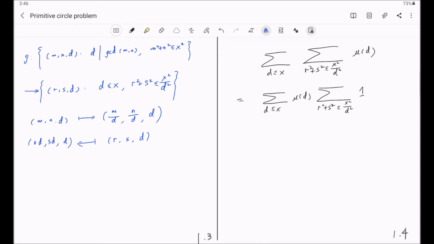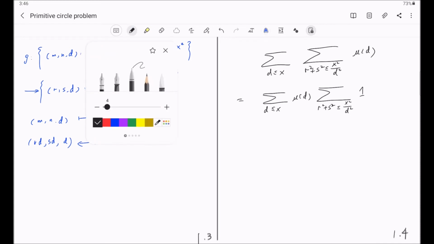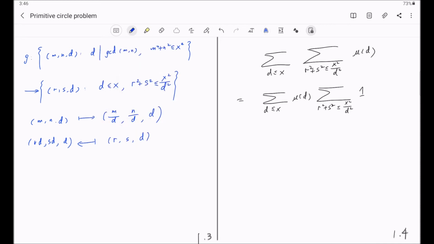Okay, now, when you look at this, what do you see? If you look at this part, this is precisely the Gauss circle problem with respect to the radius x divided by d.